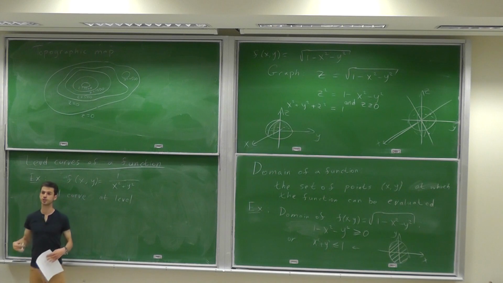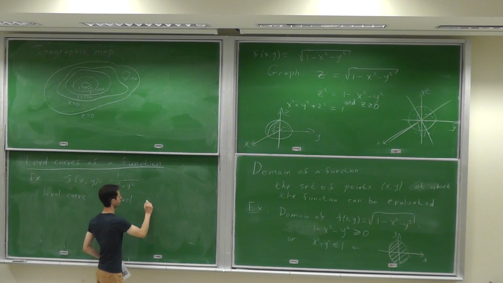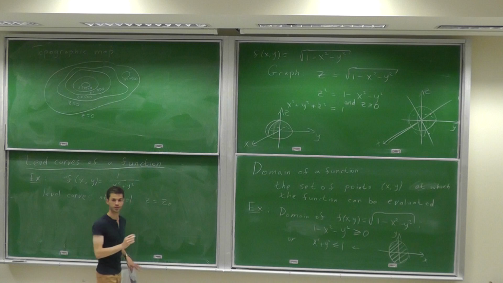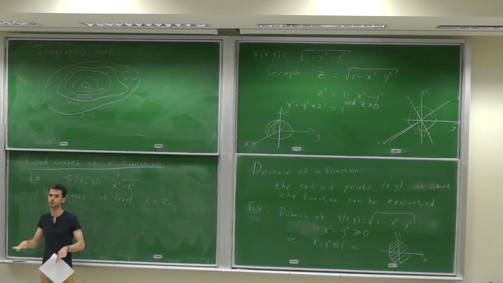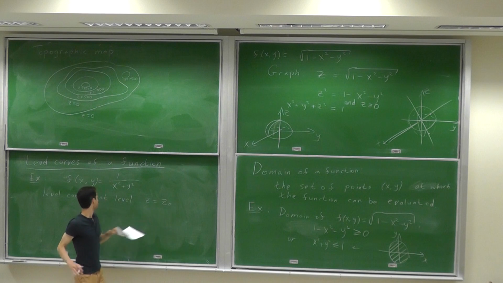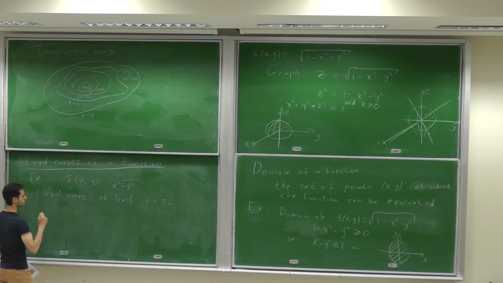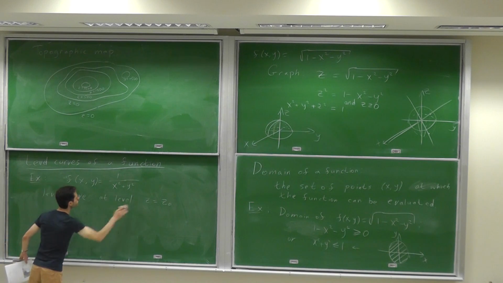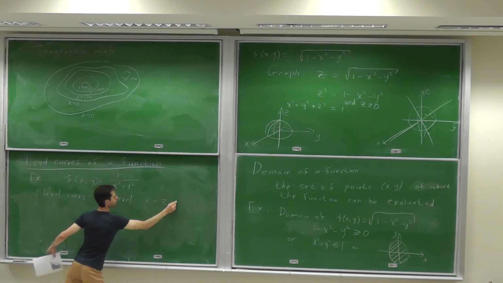First of all, I want to think about some level. Level is kind of the height. I want to choose the value of my function to be some number z0. What is the curve on which the value of my function is equal to this z0?